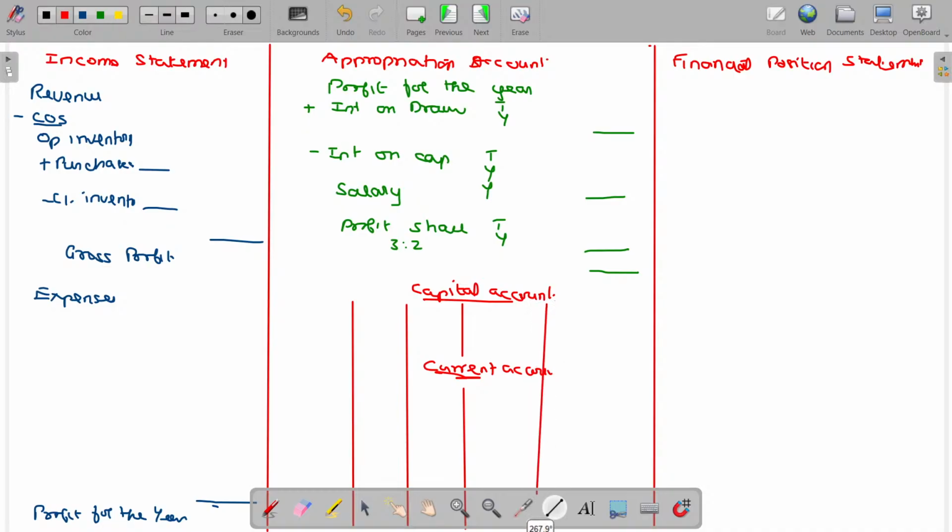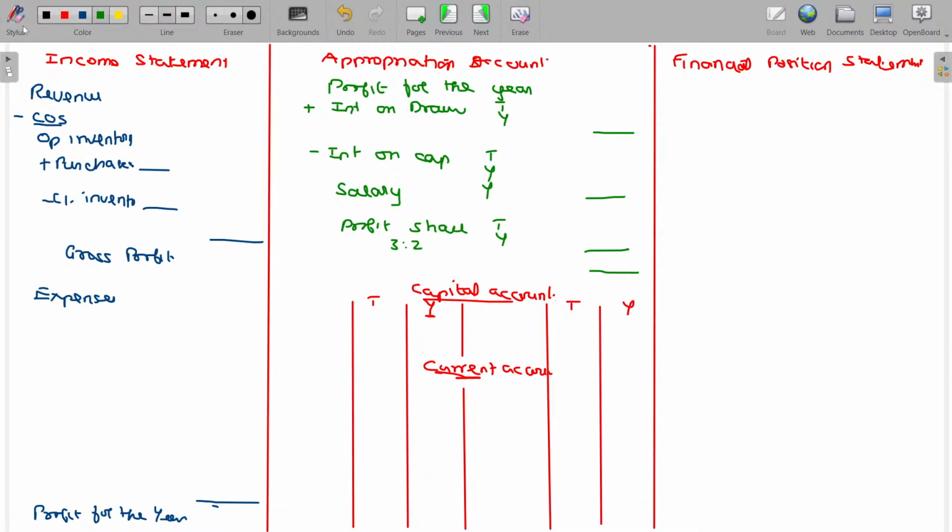In most cases, the debit side as well as the credit side will have the same debit account and credit account, so you can prepare this way. One is for T, another one is for Y. And in this format, what will come? Balance brought down. Here, balance brought down. And in the current account, the debit side starts with the drawings, interest on drawings.